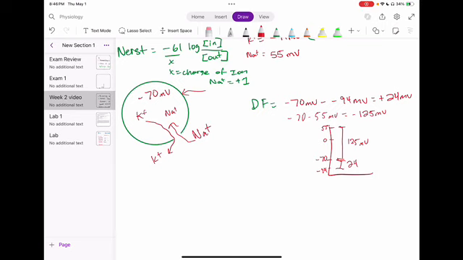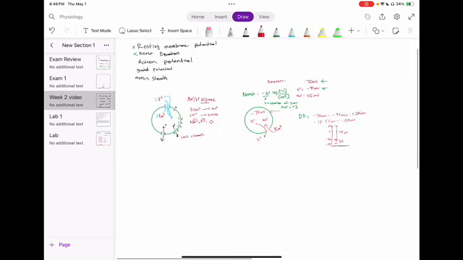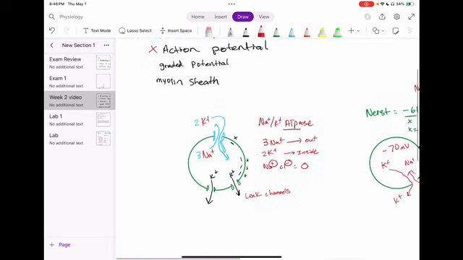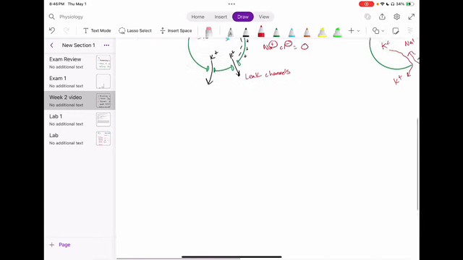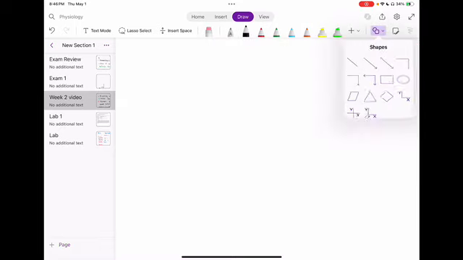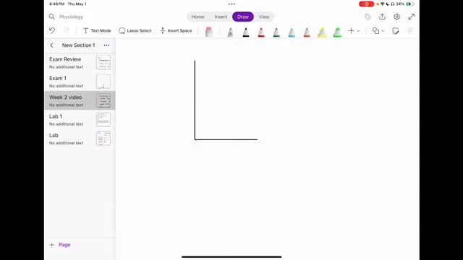So we're going to start talking about action potentials now. Action potentials are the way that our neurons work. We're going to draw out a chart to represent what happens in an action potential. As we said before, a neuron is sitting at negative 70 millivolts.